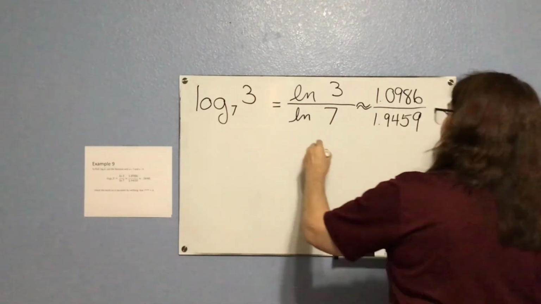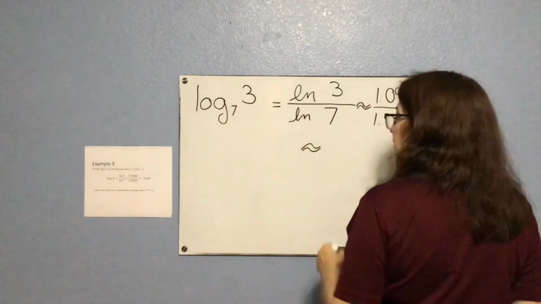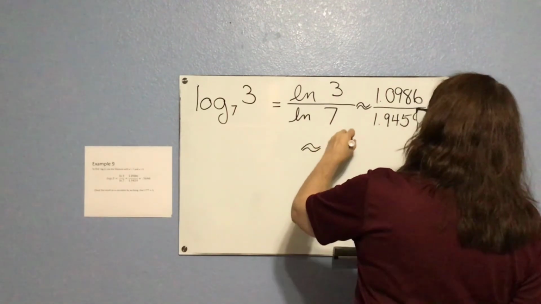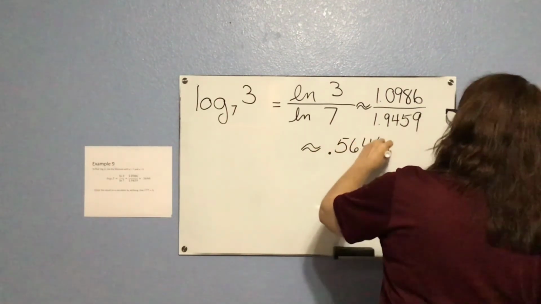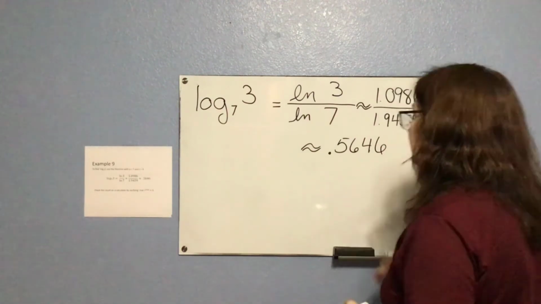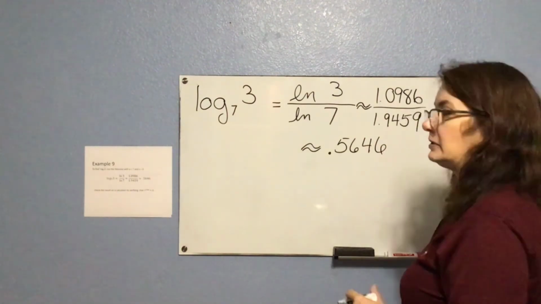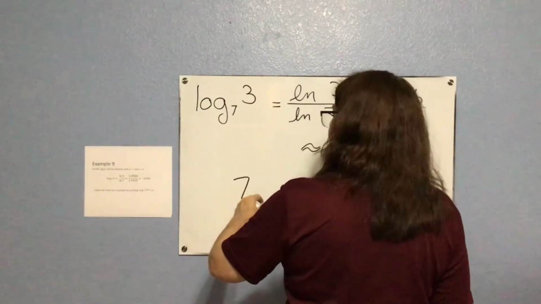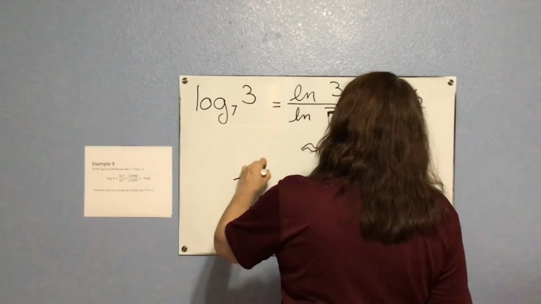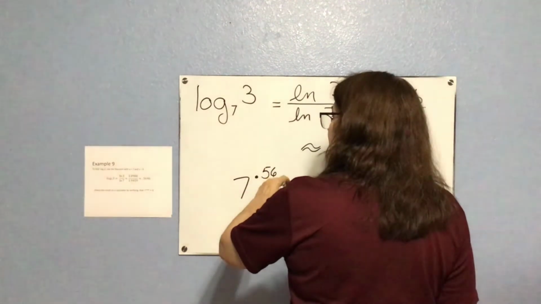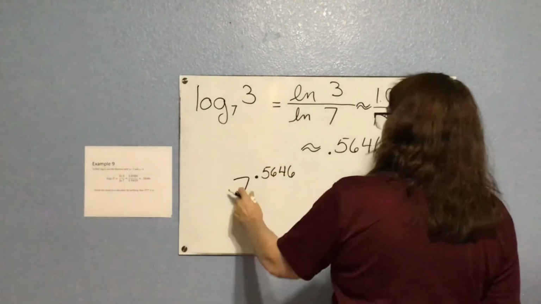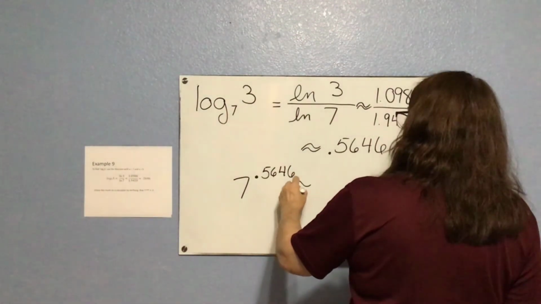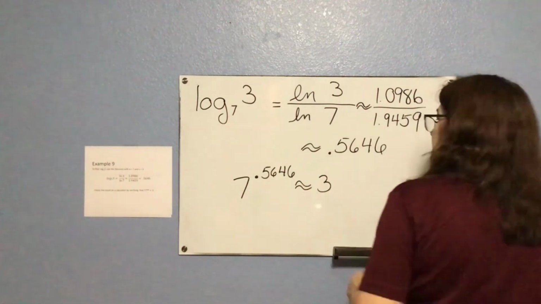And when I do that math, my value is approximately 0.5646. Okay, if I need to check my work, which is always a good idea, I can try 7 to the 0.5646. This is something I can do with my calculator, and it should come out very close to 3.